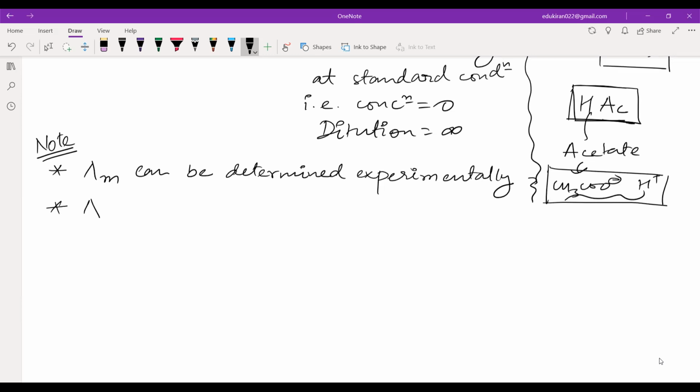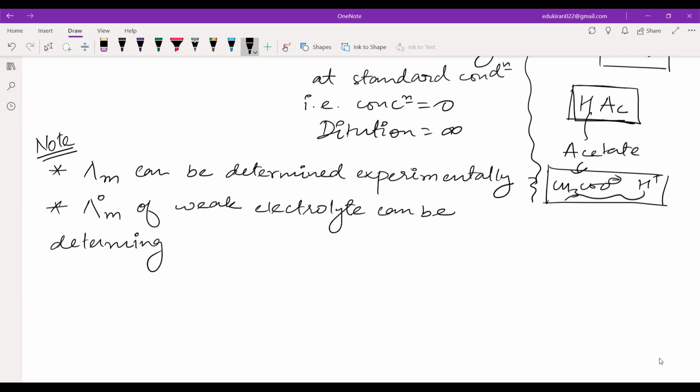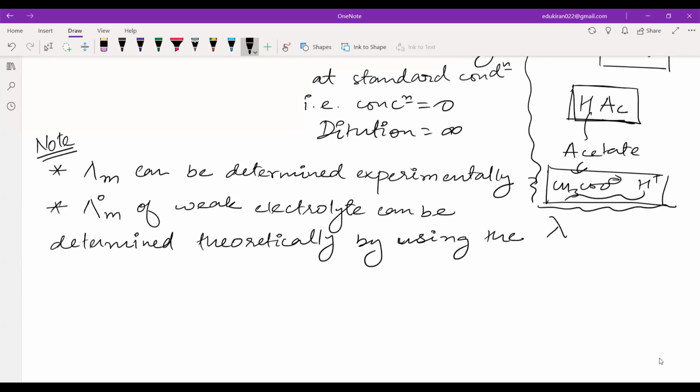And after that, we have lambda naught M of weak electrolyte can be determined theoretically by using the lambda naught of the ions.